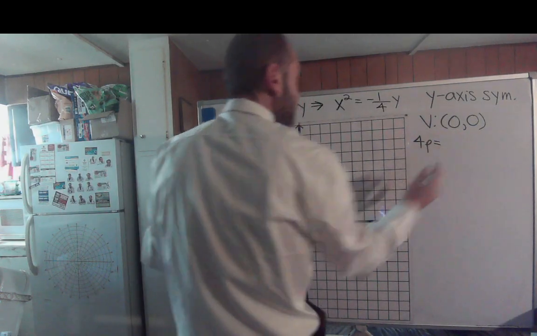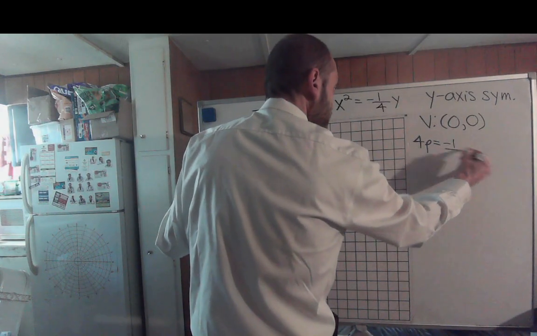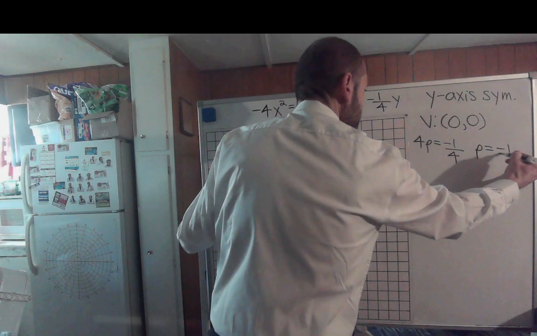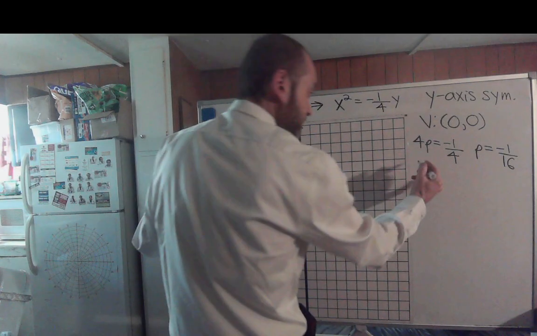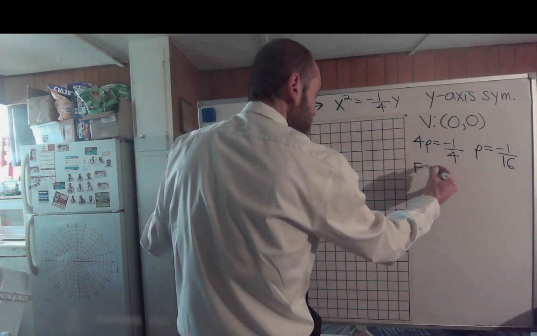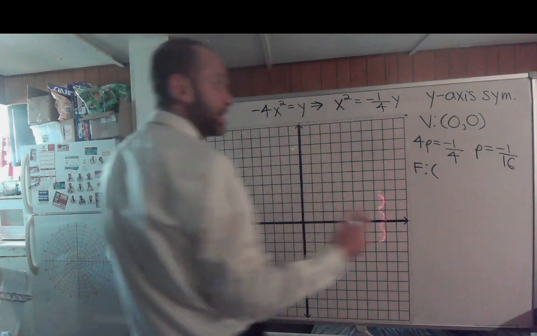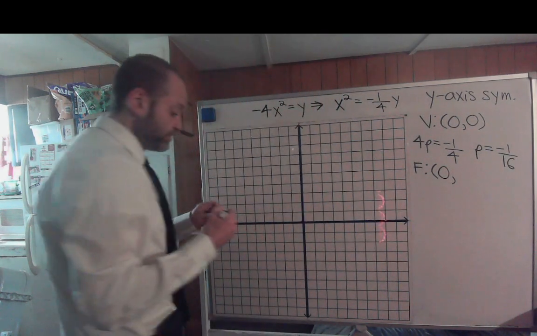So 4p is going to equal my y coefficient of -1/4. That means that p is going to equal -1/16. So now that I've solved for p, I can find the focus. I'll just call that capital F. Since it's got y-axis symmetry, I'll leave my x-coordinate of the vertex alone.